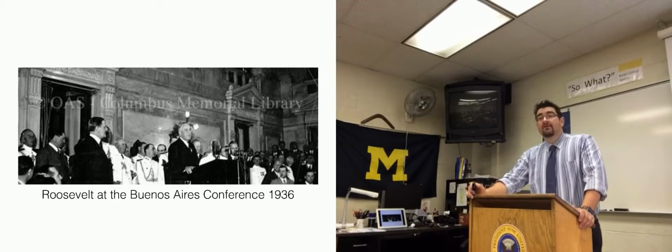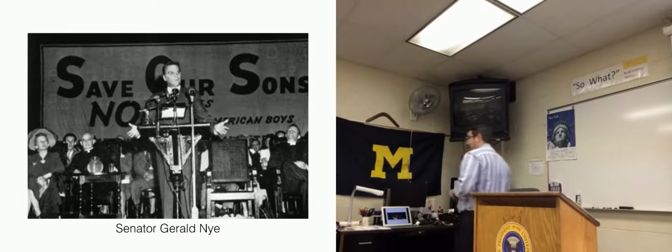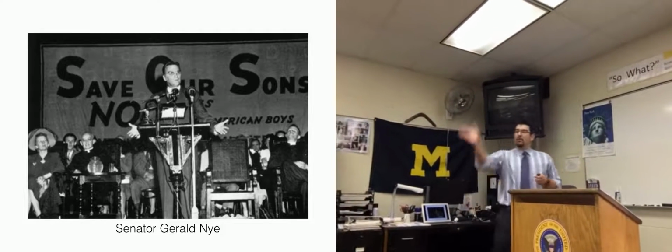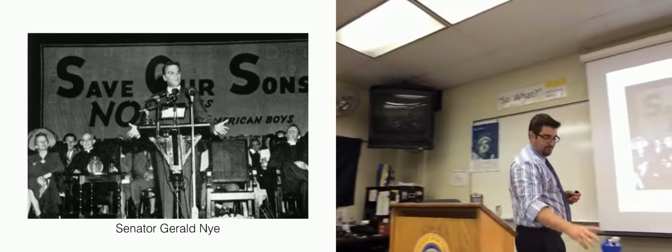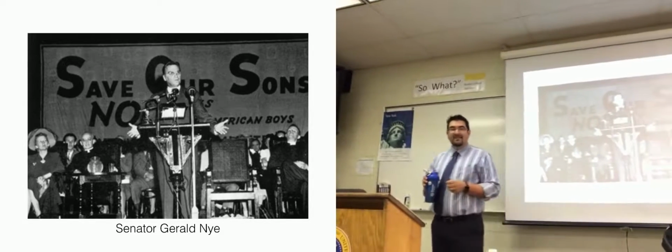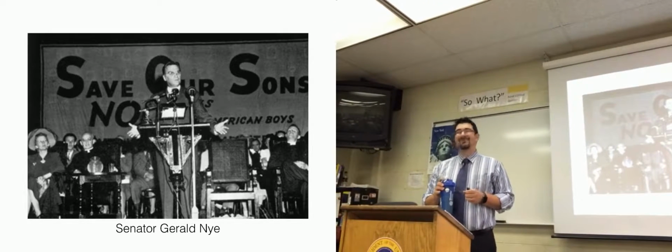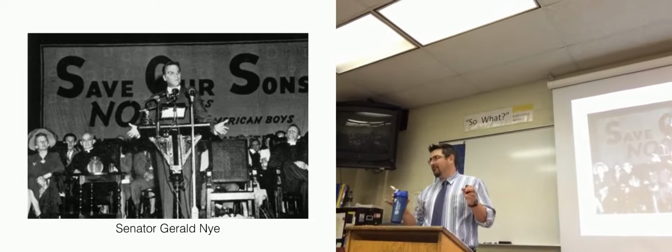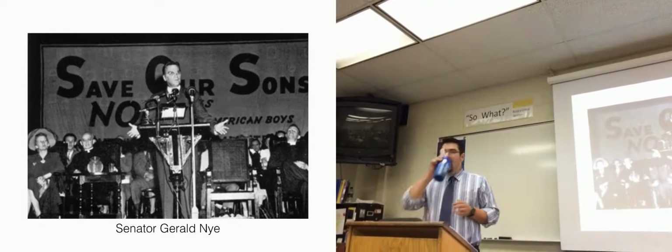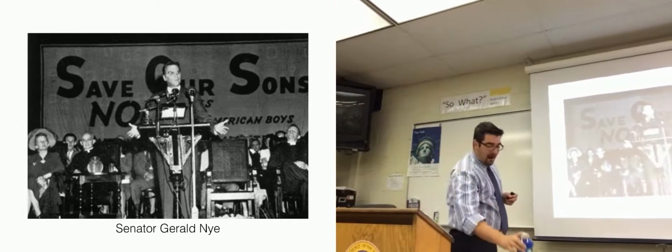All right, so we move on to the next topic, and that is neutrality in the United States. Now we're going to look more at United States politics. This is actually Gerald Nye, the neutrality guy. All right, it was a very unpopular children's show in the 1930s. All right.